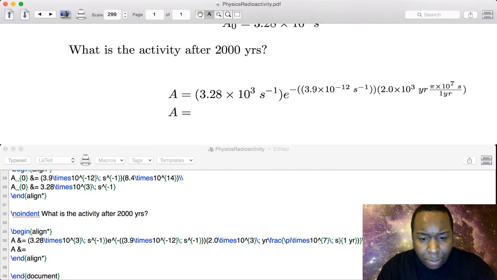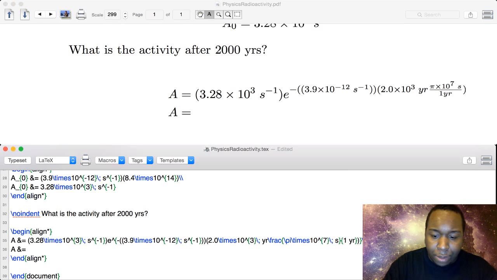Times, what am I missing? Pi. Times 10 to the 7th power. All right. I finally got the answer I was trying to get before. So 0.78. And that's what the exponential comes out to equaling.